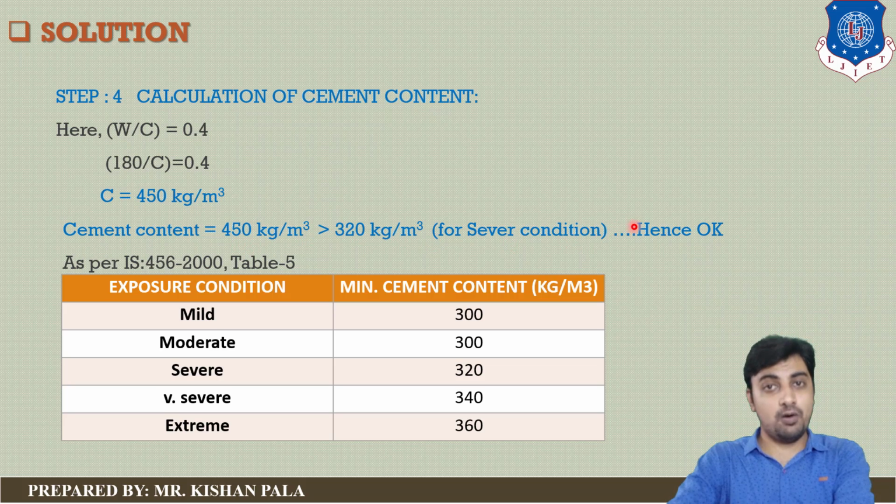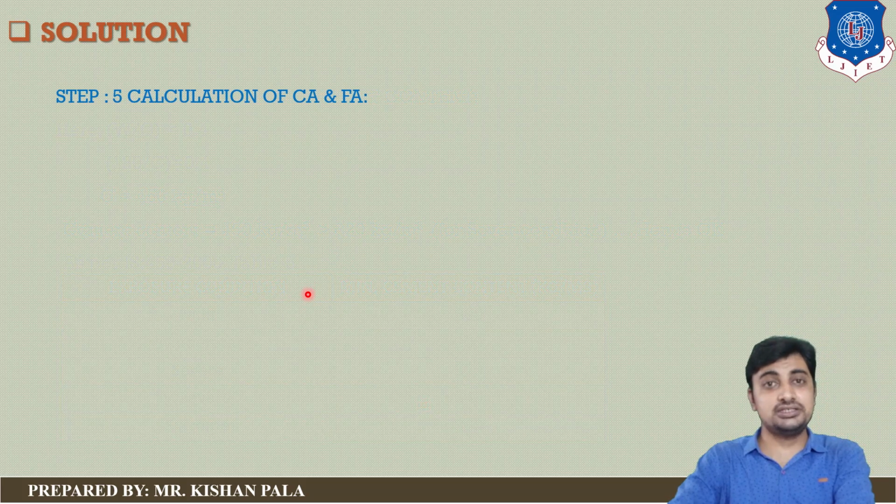It means okay. So you have to take the greater value based on our calculation and the Indian Standard. Our next step is calculation of coarse aggregate and fine aggregate.